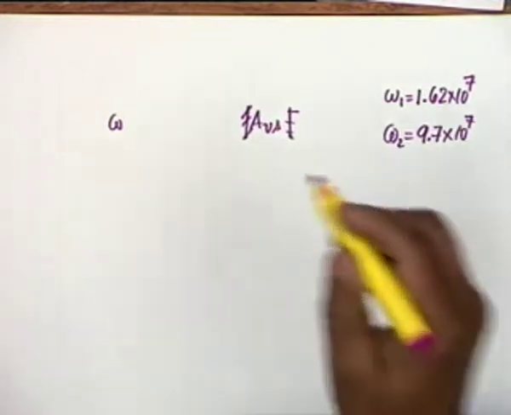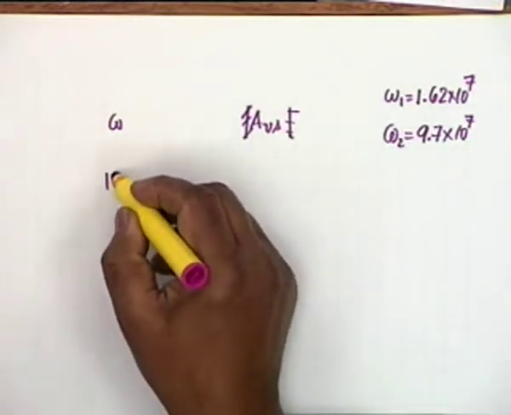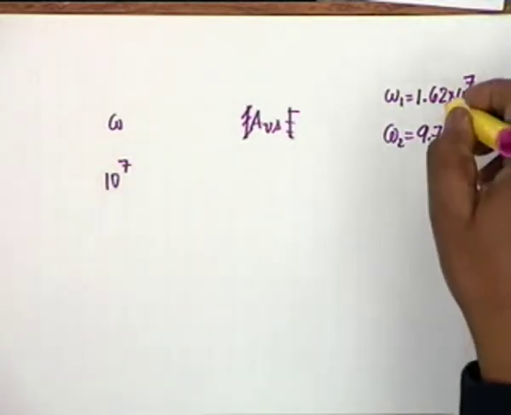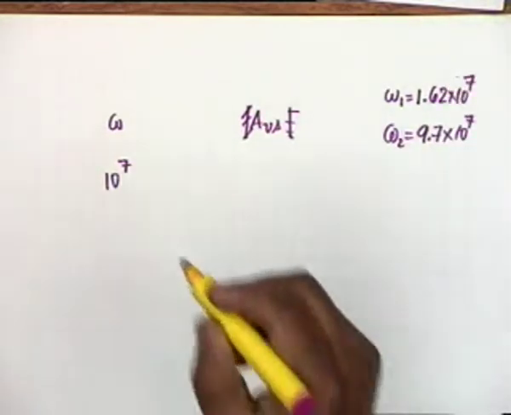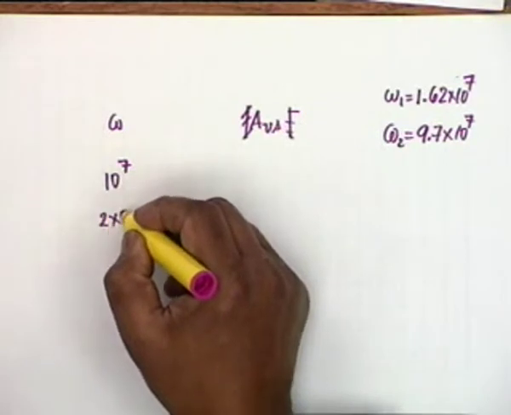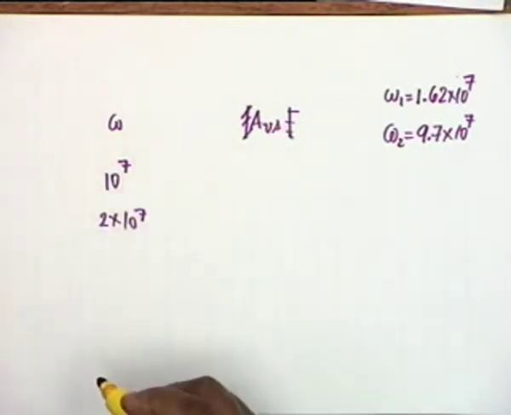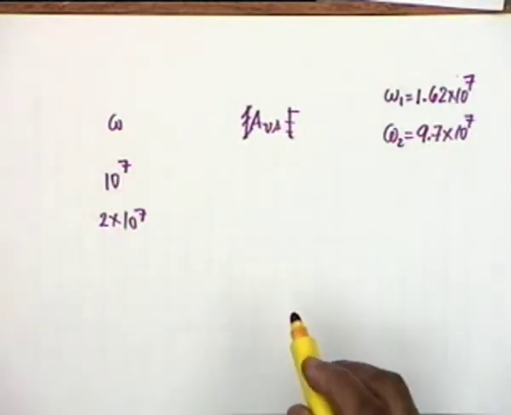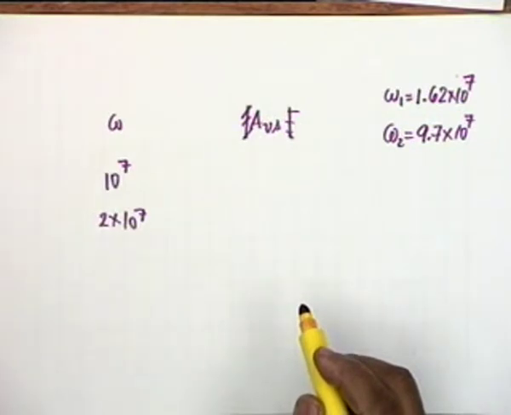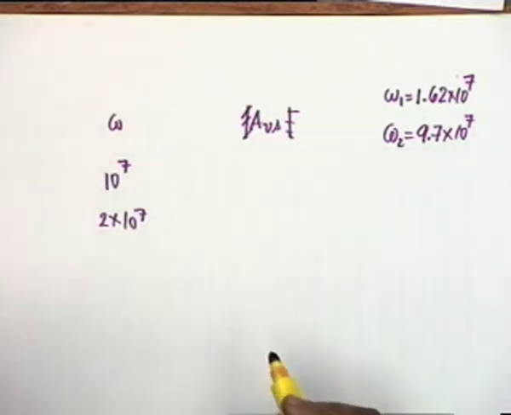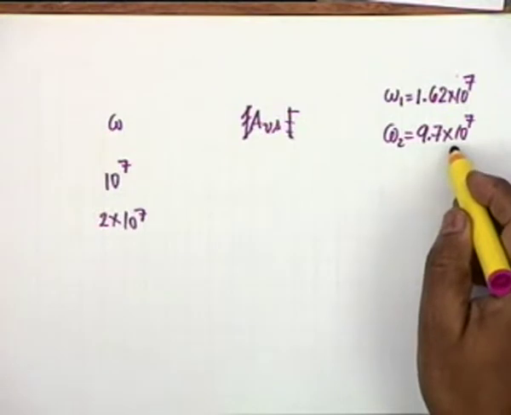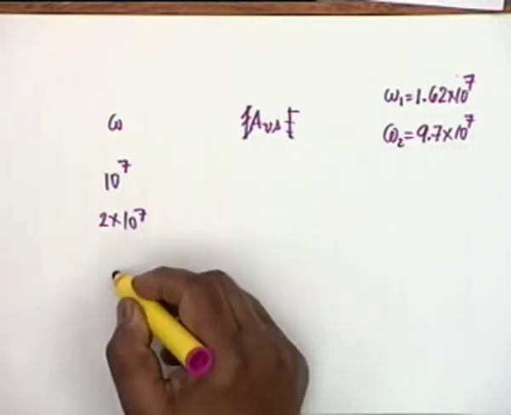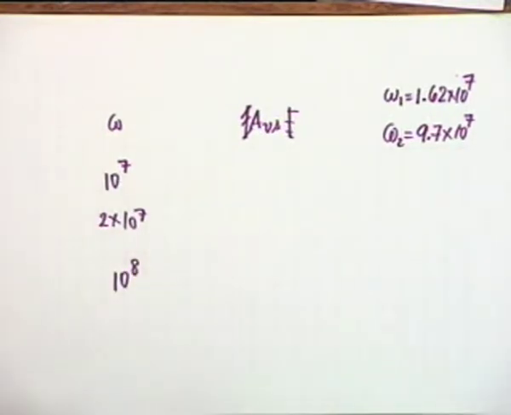Okay. So what we did was calculate at omega equal to 10 to the 7, just before omega 1, at 2 times 10 to the 7, immediately after omega 1, and then at a frequency nearly equal to omega 2. We calculated at 10 to the 8.